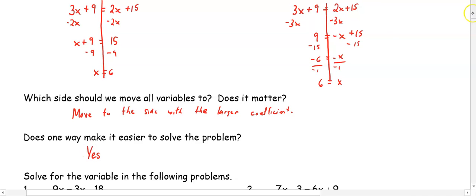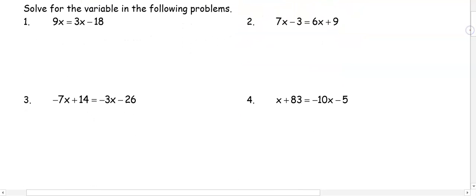So let's try some problems. In number 1, we have 9x equals 3x minus 18. So 9x is the larger x, so we're going to move 3x, and because it's positive, we subtract it. So we get 6x equals negative 18, and then we can divide both sides by 6, so x equals negative 3.